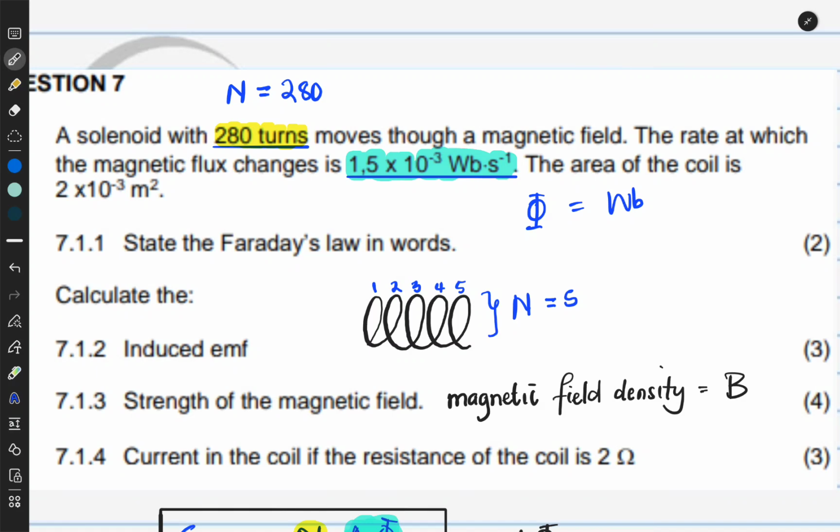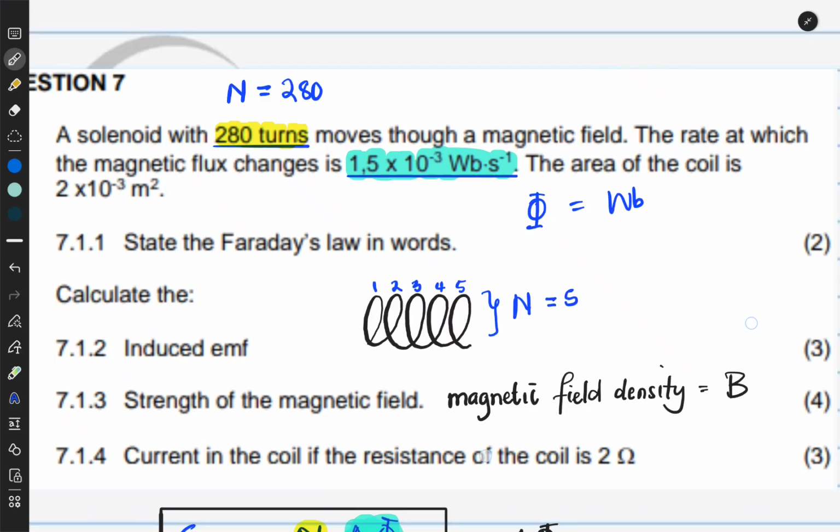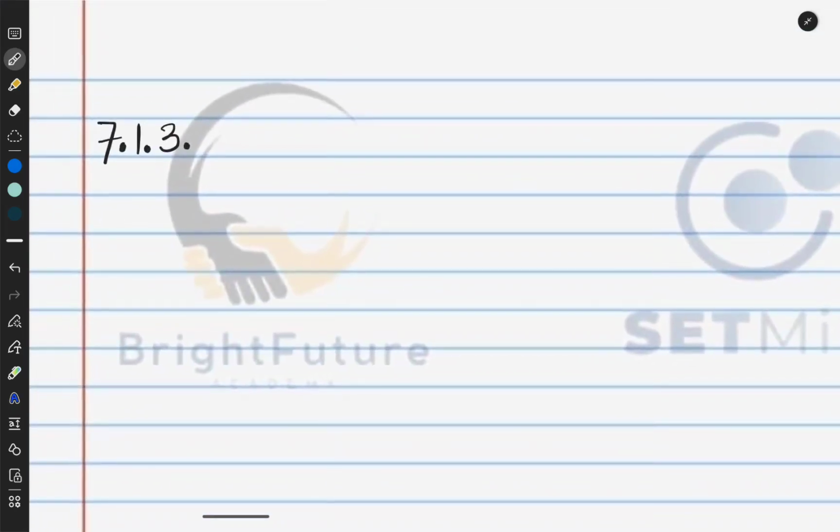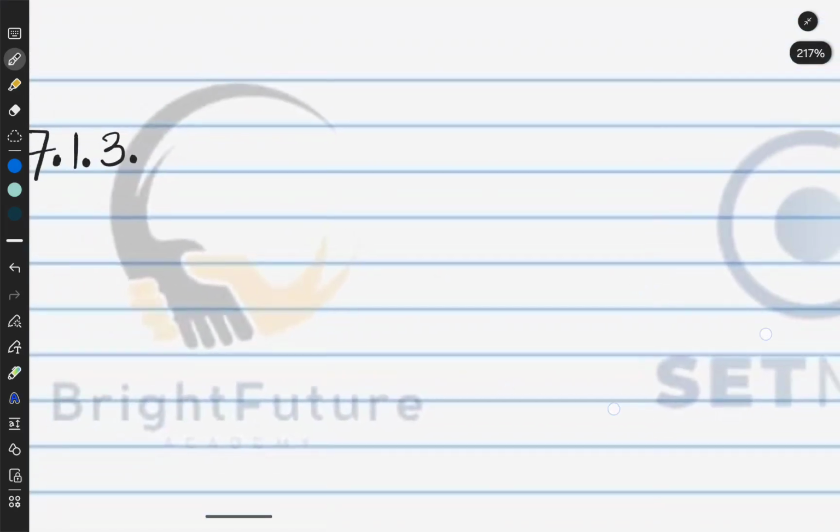But another key thing we are not told is the angle of the magnetic field lines relative to the surface area of the coil, or most times actually, relative to the normal of the coil. So let's check what we can do.